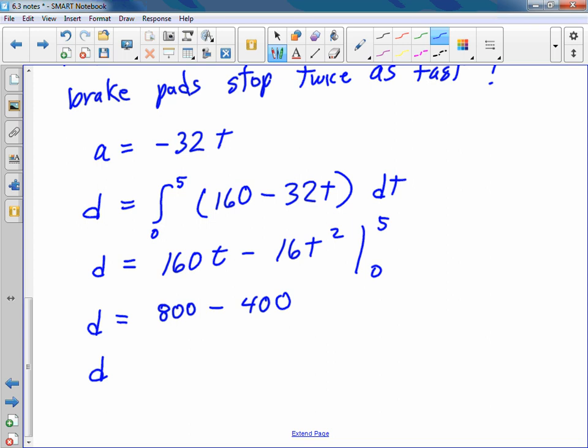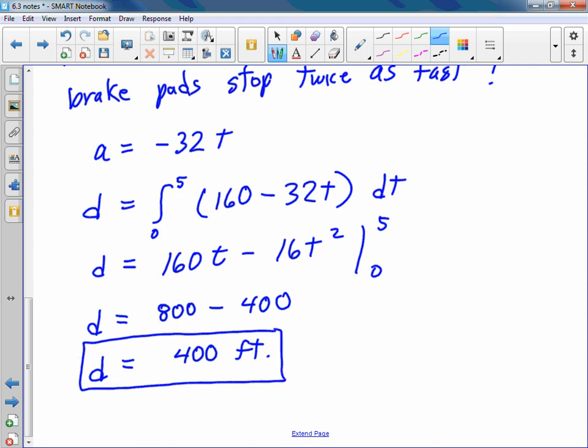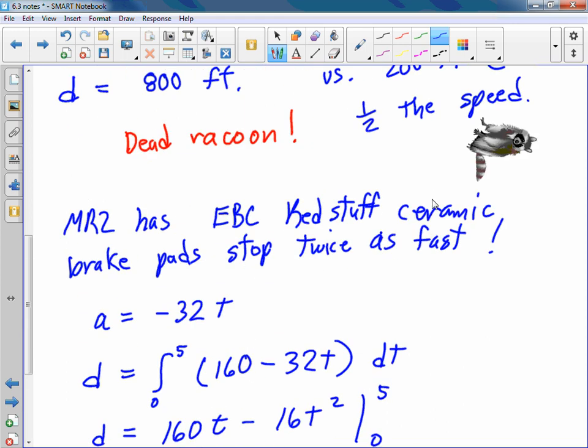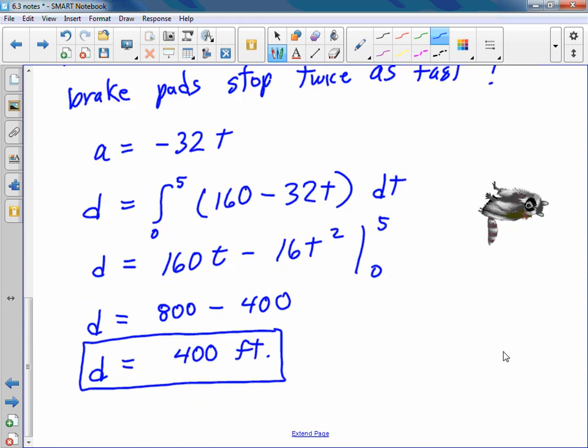And that distance equals 400 feet. So, Tom, even with the good brakes in the MR2, if you drive your car at twice the velocity, guess what happens to the poor raccoon? Think about it, okay? That is the end.